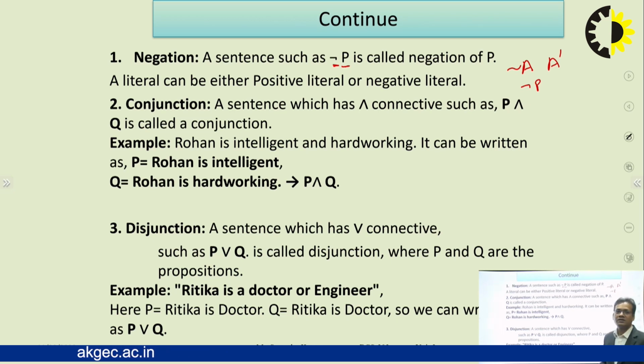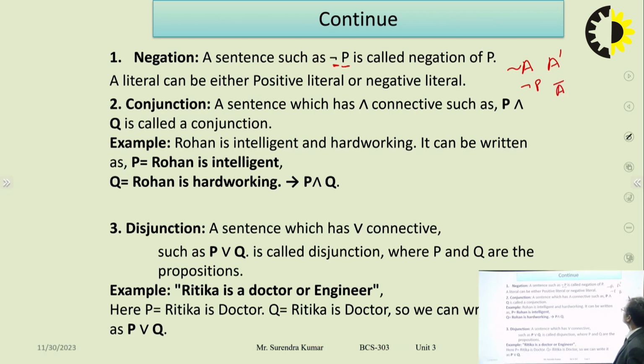All the meanings of these symbols are negation. Many times in some books you will see a bar, and its meaning is also negation, right? So to negate any proposition, for example, Today is Sunday is an atomic proposition, and if you apply negation here, it becomes Today is not Sunday, right? So you are applying negation to this proposition.